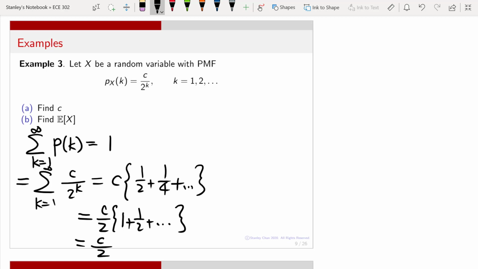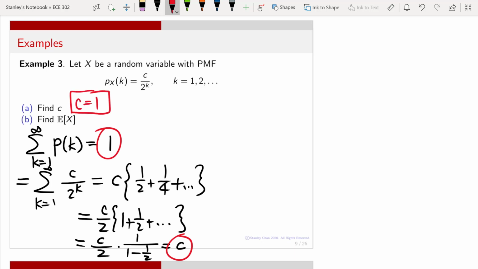And so you have c divided by 2 times 1 over 1 minus a half, and so this will give you c. Now if you equate this with 1, then you will know that c equals 1.